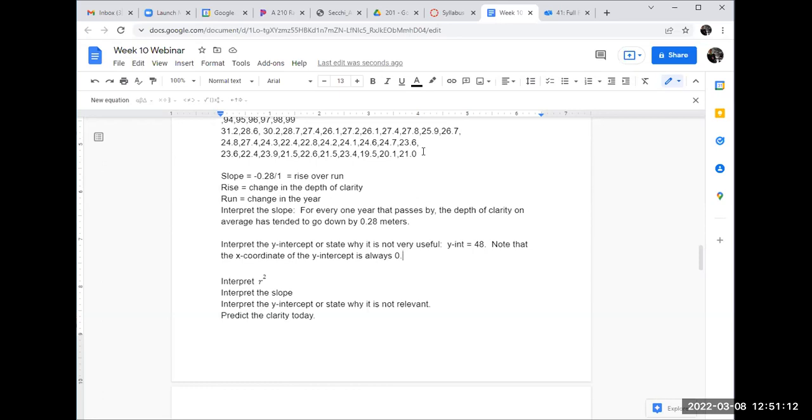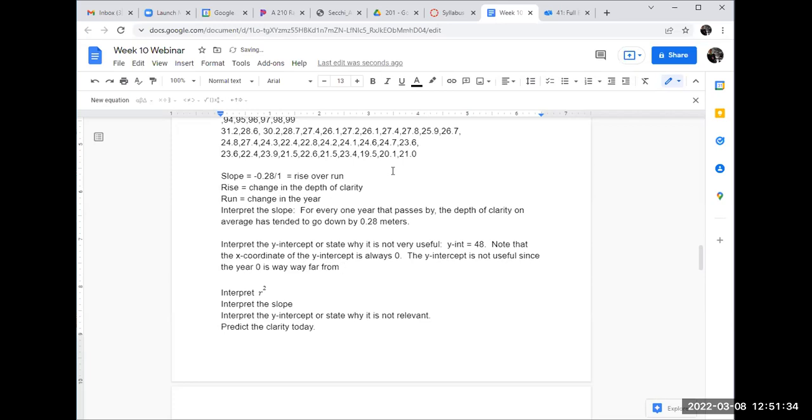So in this case, the y-intercept is not very useful, since the year 0 is way, way far from any of the data points. Okay, data can only predict so far away. Any questions on that?